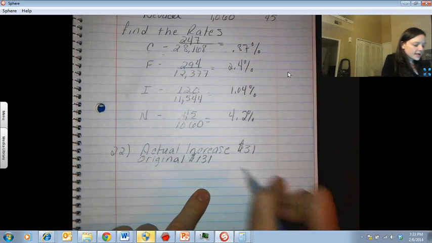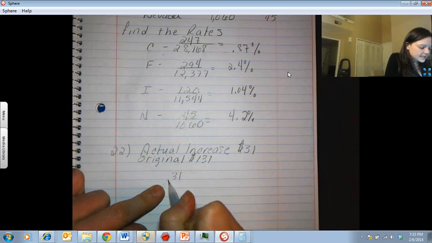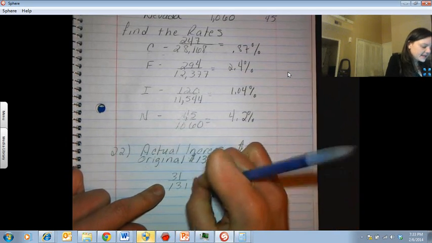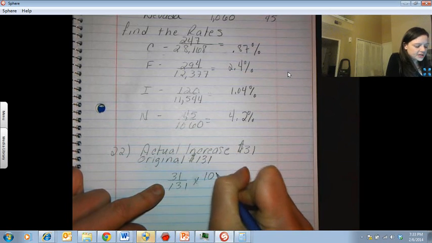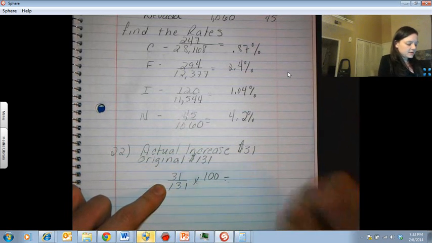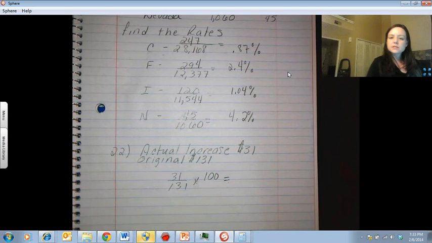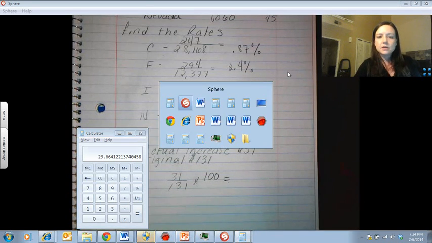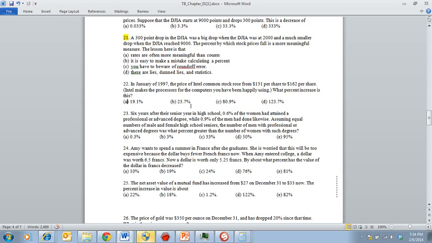So in order to find the percentage, we take 31, divide it by 131, and then multiply it by 100 to get the percent. 31 divided by 131, times 100, and I get approximately 23.7%. Hopefully that is an answer on there. Yep, B, right here. 23.7% increase.